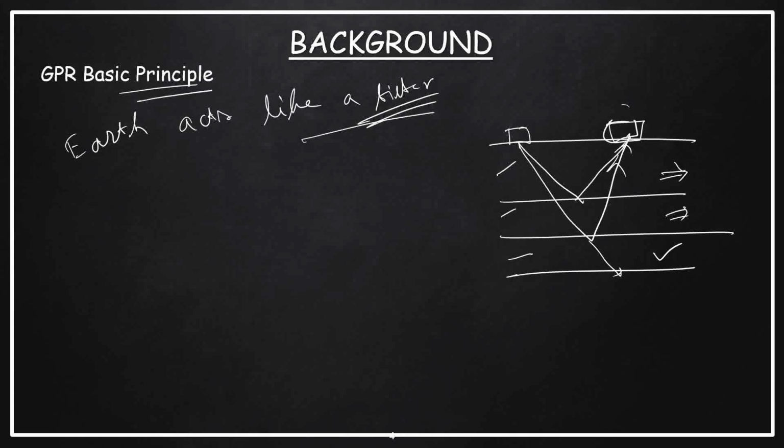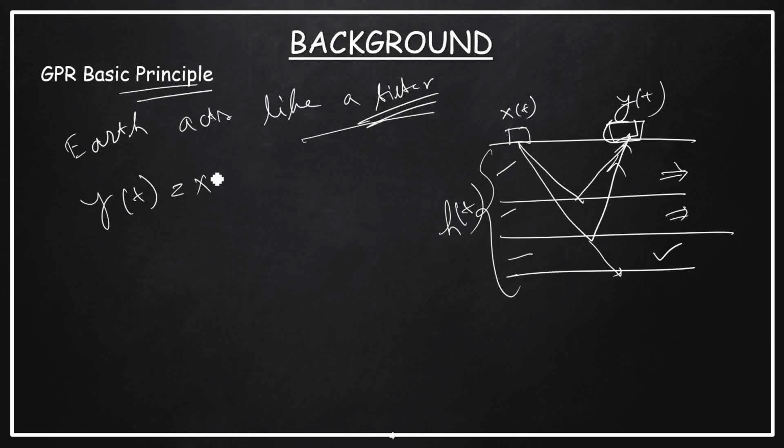So suppose, let's assume that the signal you are sending is small x(t), and the average property of the subsurface is h(t). The signal you received here, y(t), can be expressed as y(t) equals x(t) convolved with h(t).